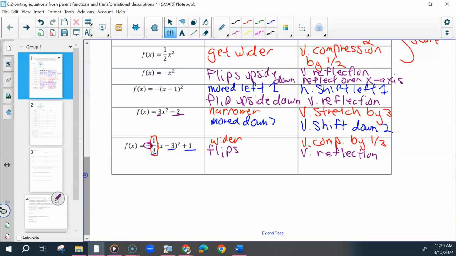Something on the inside of the parentheses. Look what happened when there was something on the inside. Move to the right. How much? 3. What would that rule be? Horizontal shift, right 3.